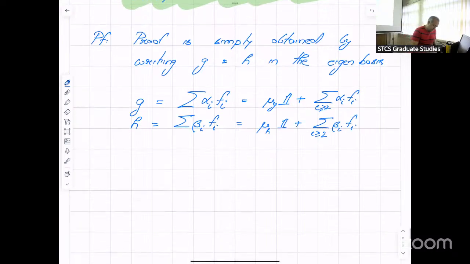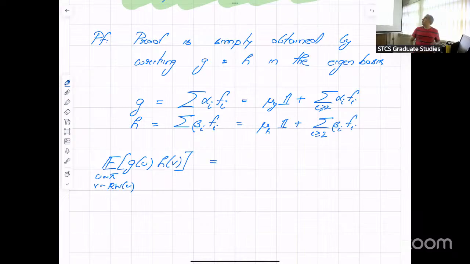Let's look at the expected value of g(U)h(V), U coming from the stationary distribution, V coming from the random walk.